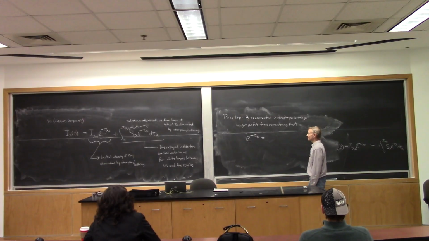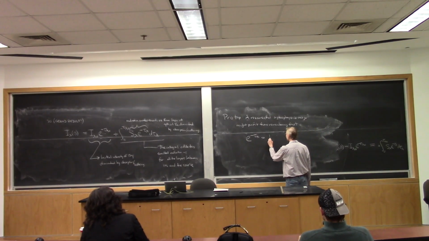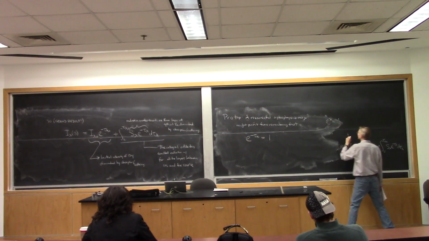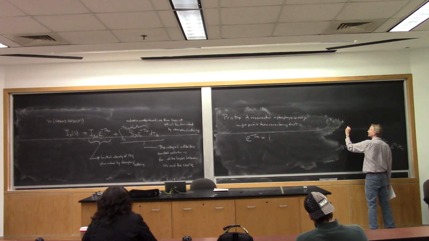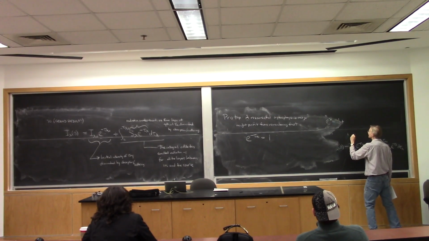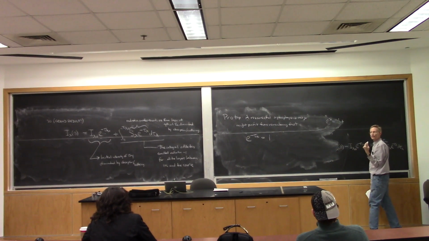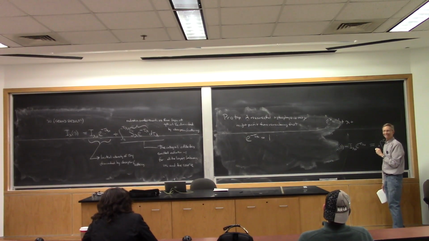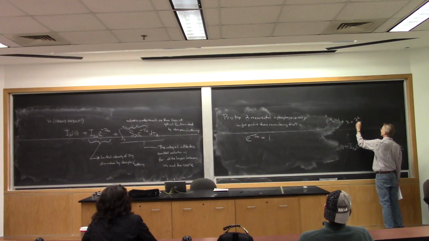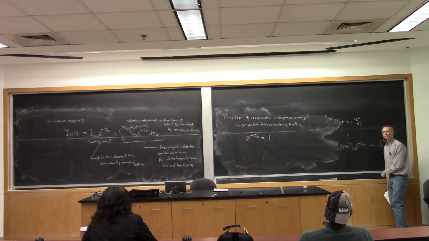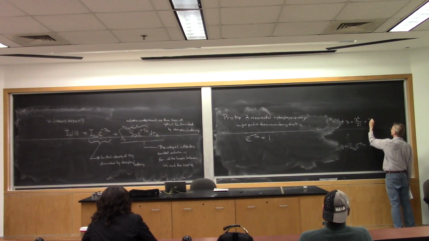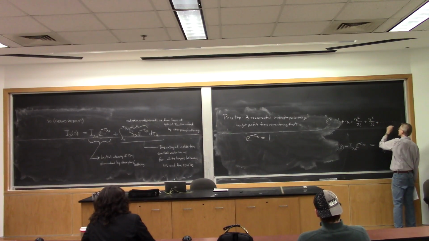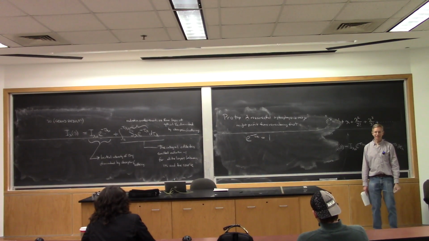That e to the minus tau lambda, what's the next term? So e to the x is 1 plus x to the first over 1 factorial, plus x squared over 2 factorial, plus x cubed over 3 factorial, plus dot, dot, dot, where the dot, dot, dots do not mean annoyance.